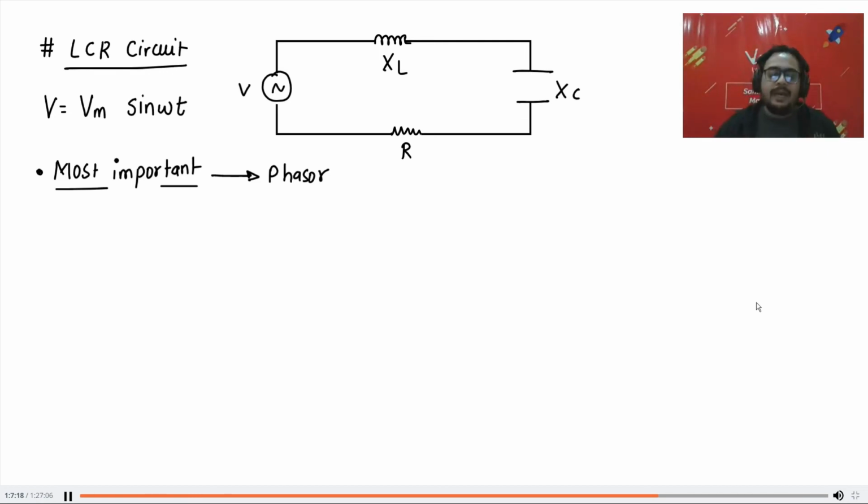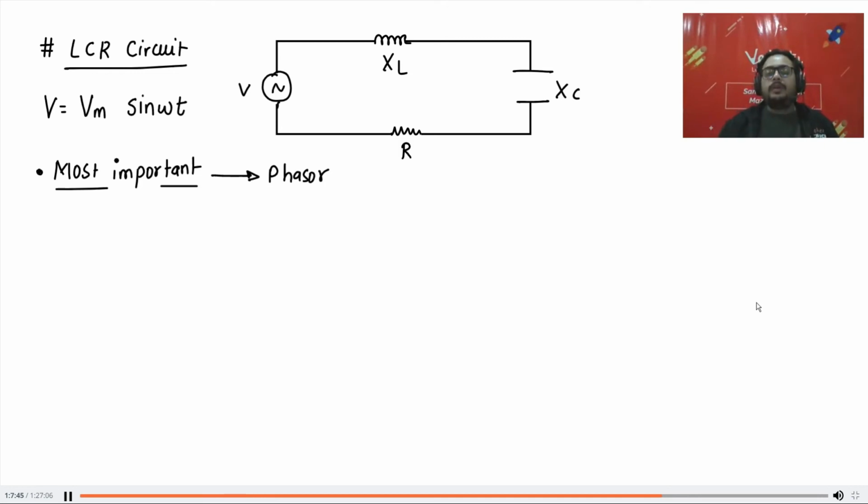Resistance wants voltage and current to be in the same phase. Inductor wants voltage to be ahead of current by 90 degrees. And capacitor wants current to be ahead of voltage by 90 degrees. Right? So there is some clash between them.